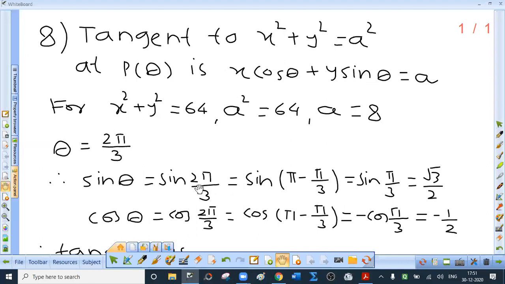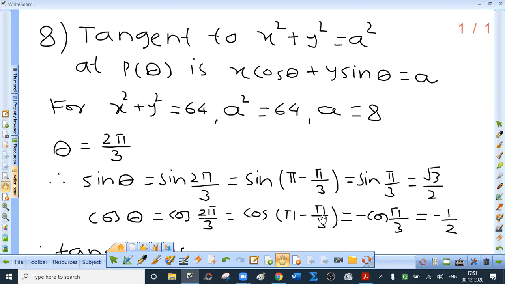Now what is sin 120? 120 is the supplement of 60. So 120 is 180 − 60. Sine of (180 − θ) is sin θ. Allied angles. So it is root 3 by 2. What is cos 120? It is cos of (180 − 60).